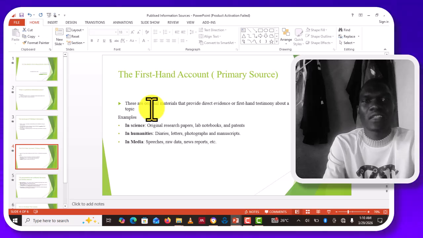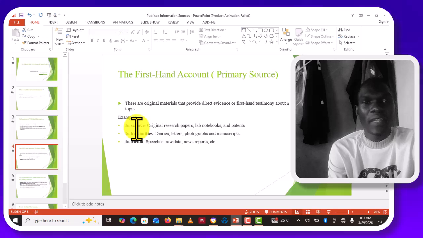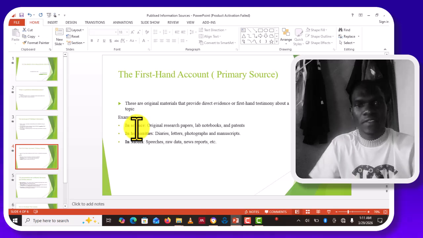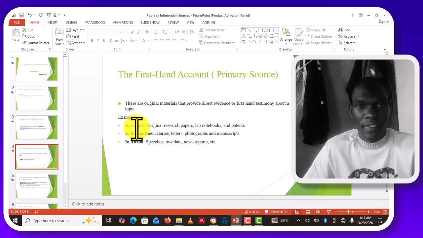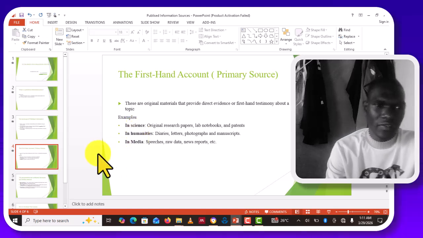For example, in science, original research papers, lab notebooks, and patents. In humanities, we have diaries, letters, photographs, and manuscripts. Then in media, we have speeches, raw data, news reports, etc.